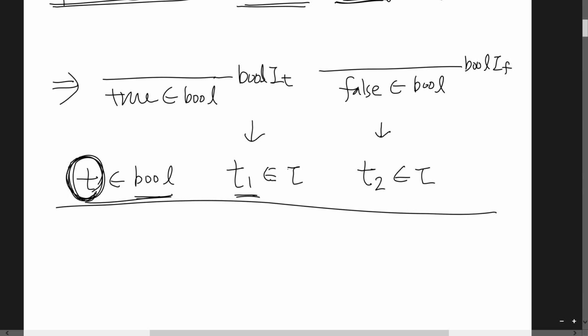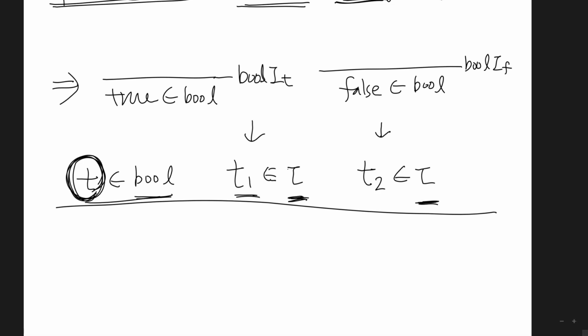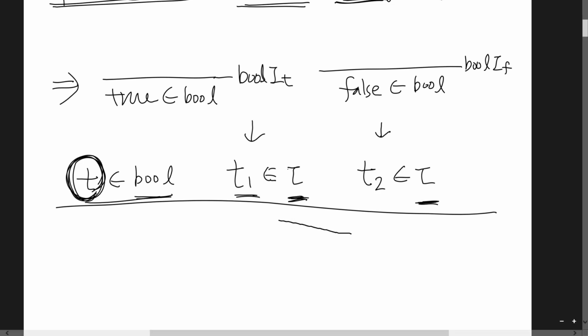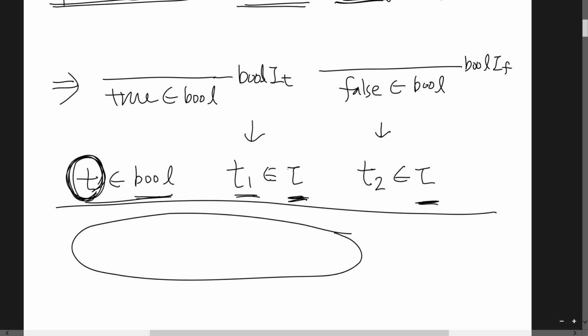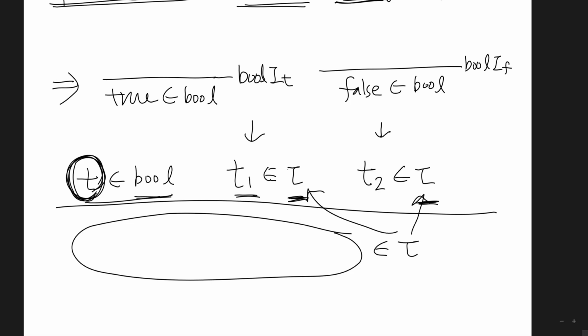Then, whether term t is true or false, we can always find a term of data type tau, just like the case construct in the simply typed lambda calculus. Now we have found a term of data type tau here, and we decided to borrow the syntax from the sum type.